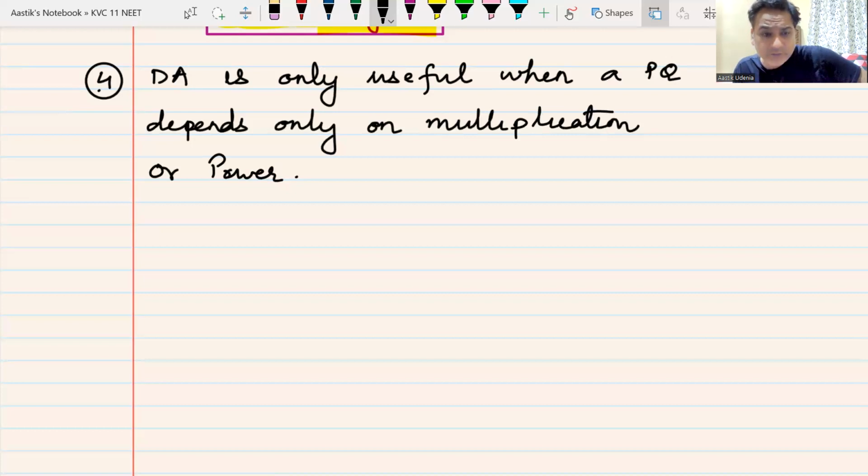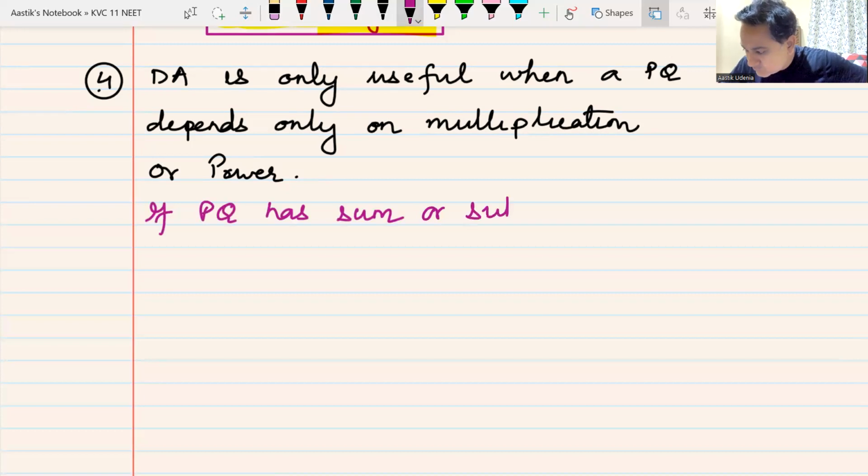It is not useful if the physical quantity has a sum or subtraction.